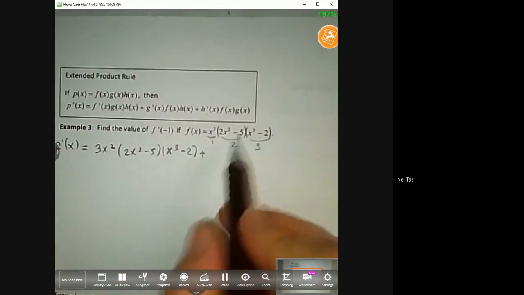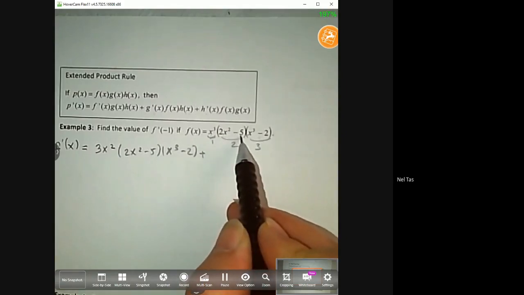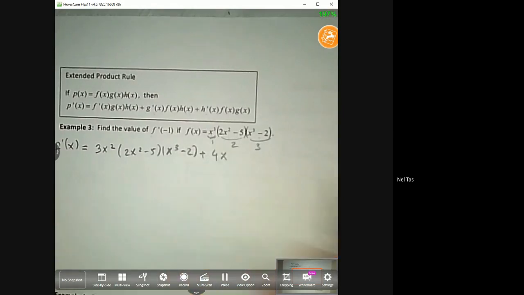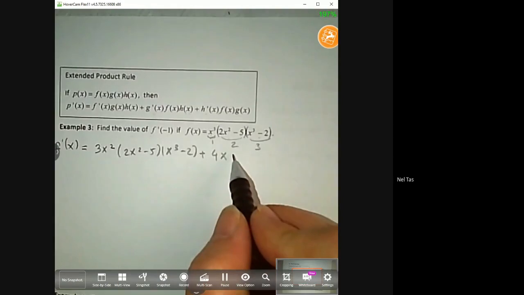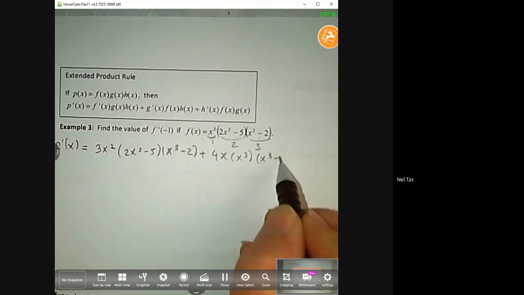Plus, now we take the derivative of the second function. That gives you 4x, since the derivative of 5 is 0. So we have only 4x. Now we multiply it with the first and third functions: x cubed minus 2.